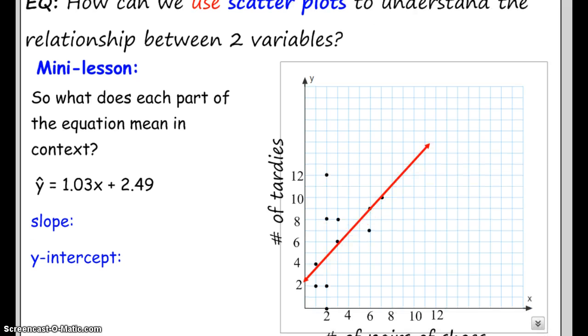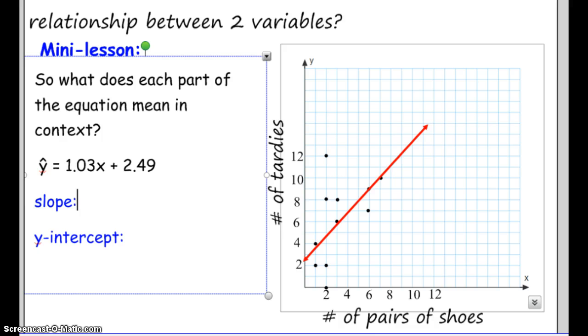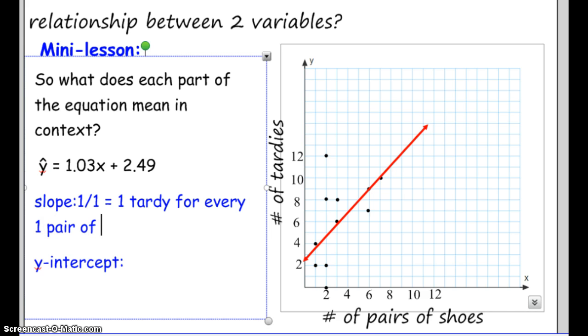The next thing that we need to do is interpret what each part of the equation means in context. Well, if you remember, slope is rise over run. So our slope is 1 over 1. Now, if you think about the context, that's going to mean 1 tardy for every 1 pair of shoes.